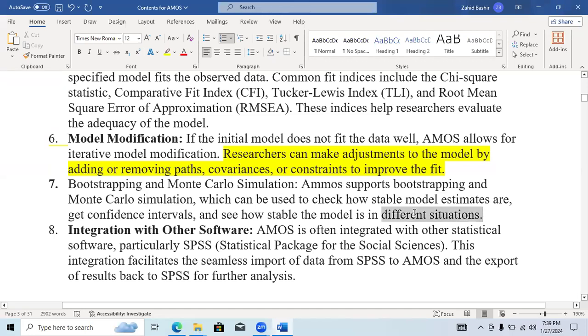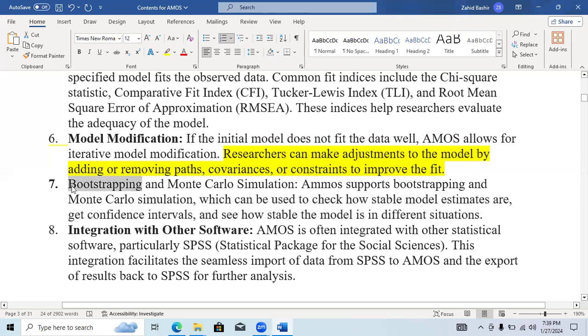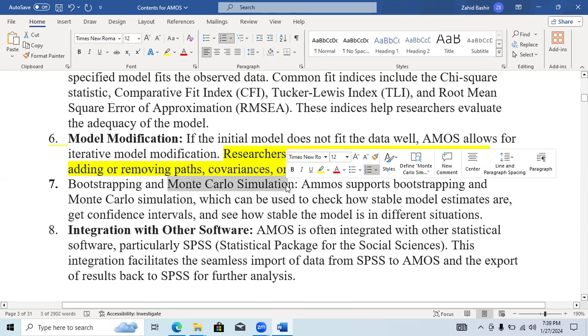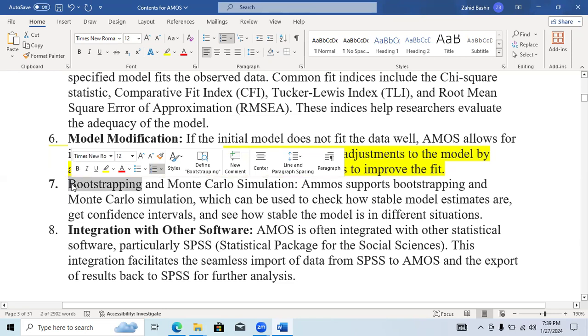So you can check the stability of your model using bootstrapping and Monte Carlo simulation. Our focus will be on bootstrapping. Monte Carlo simulation is basically used in some other domains. We are not concerned about Monte Carlo simulation. We are concerned with the bootstrapping procedure that we are going to use in our SEM analysis.